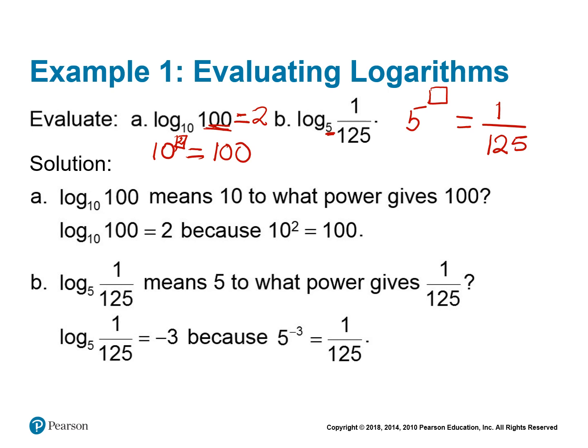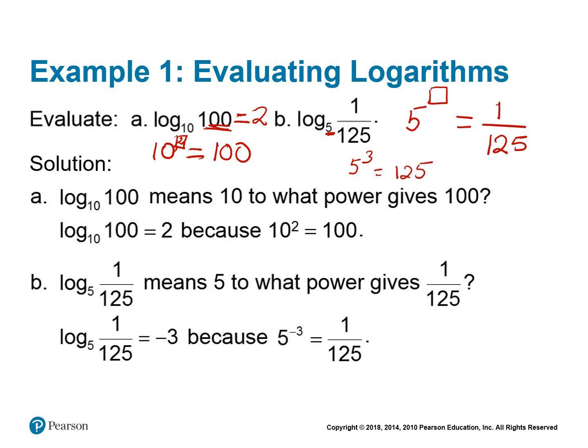So we know 5 times 5 times 5 is 125. 5 cubed is 125. All right.